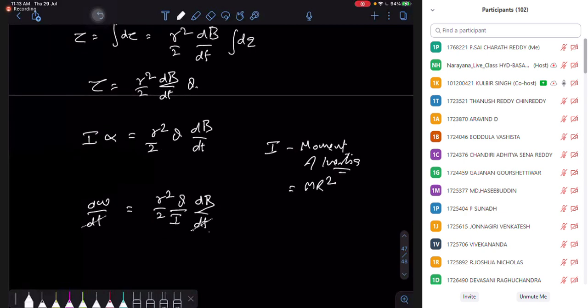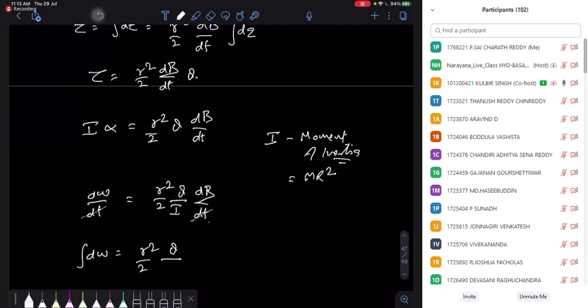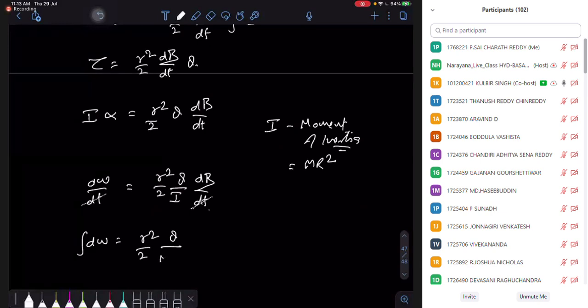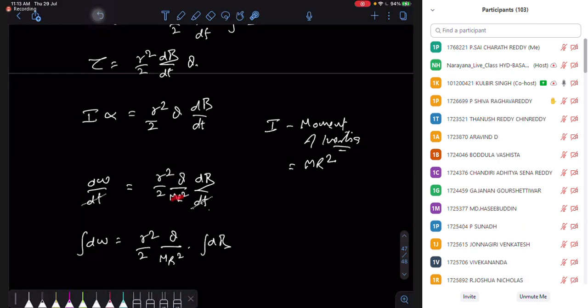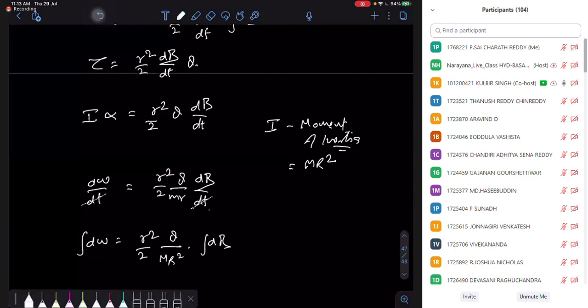So if you now integrate on the two sides, d omega is r squared by 2 q by I. I is going to create a confusion with the current, so we can take it as m r squared. Small r squared, sorry. Ring radius is small r.